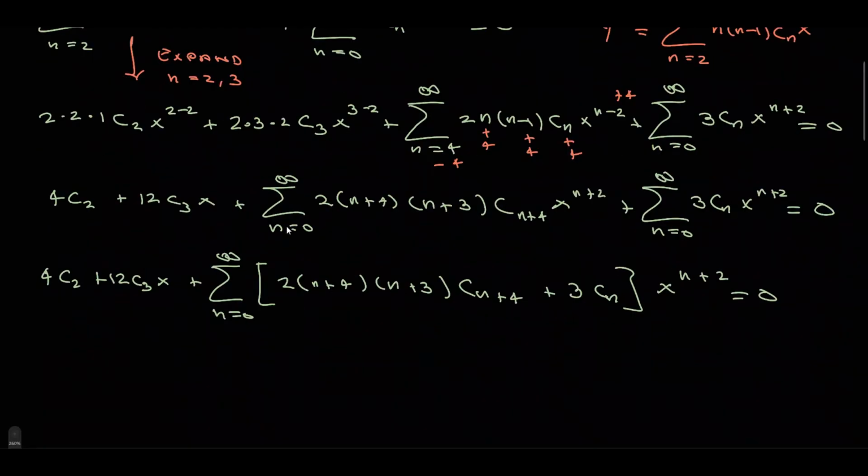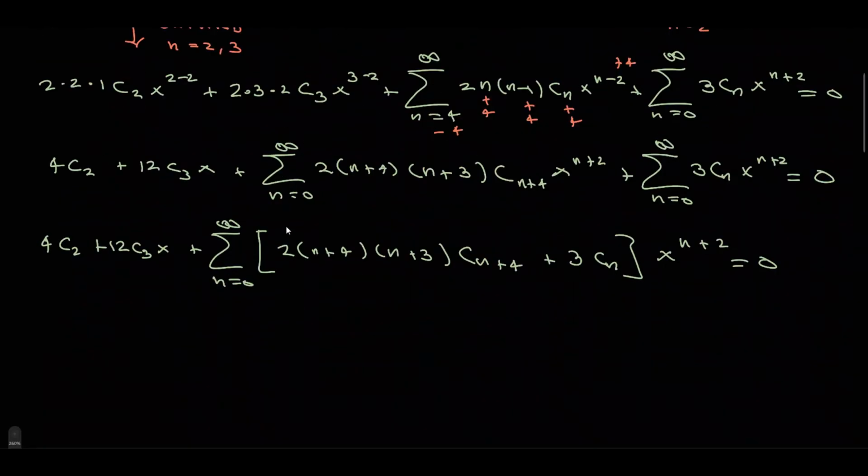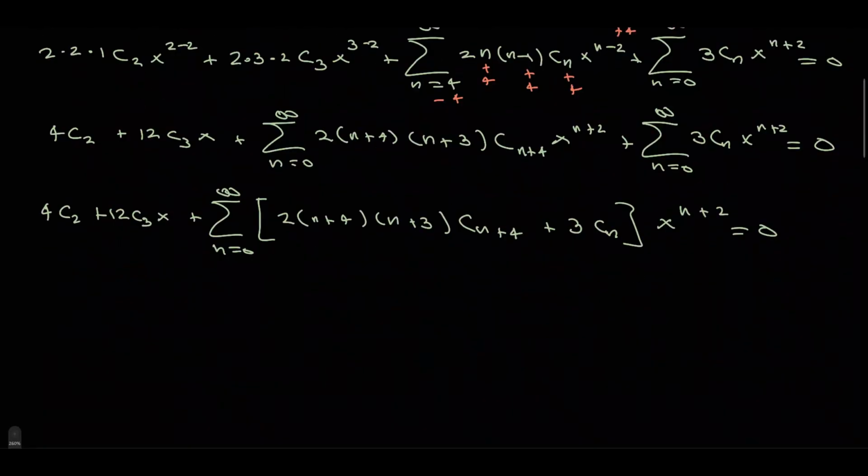So at this point, we should be good to equate coefficients. The constant term on the left-hand side must be equal to the constant term on the right-hand side. That means 2 c sub 2 equals 0, which means c sub 2 is going to be equal to 0.